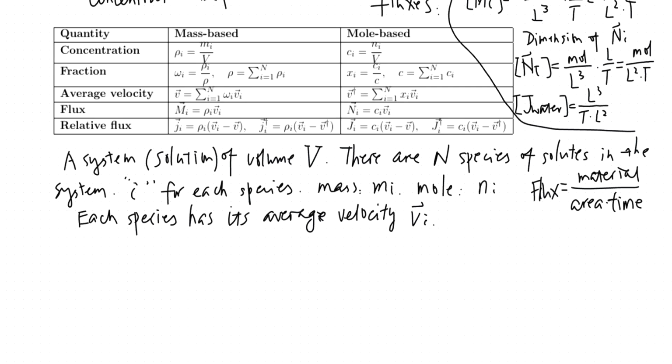So the idea of relative flux is that, suppose you have a system, and you have one flux this way. Maybe this is one species following this one. The average velocity and these velocities are in a reference frame.